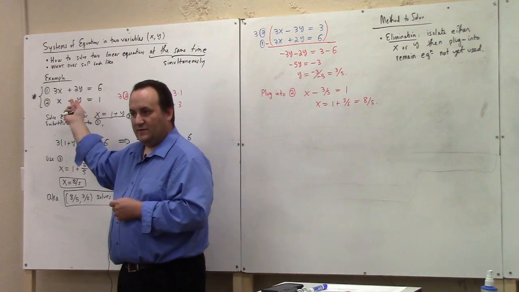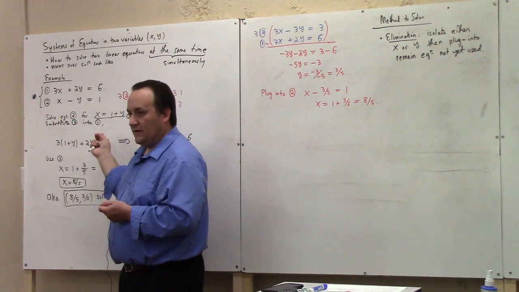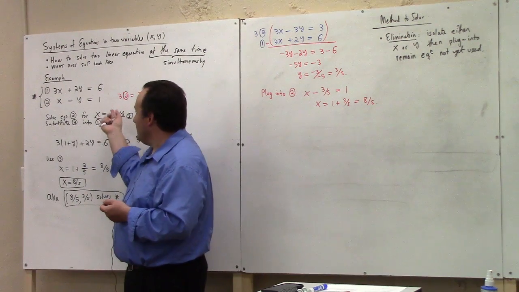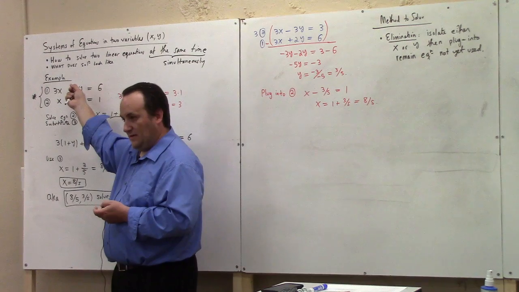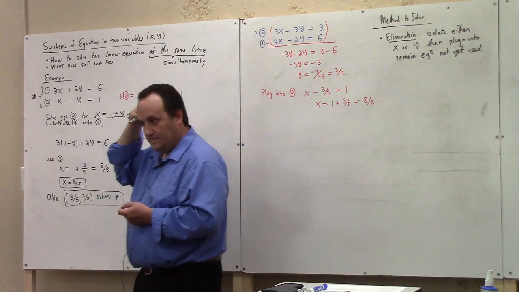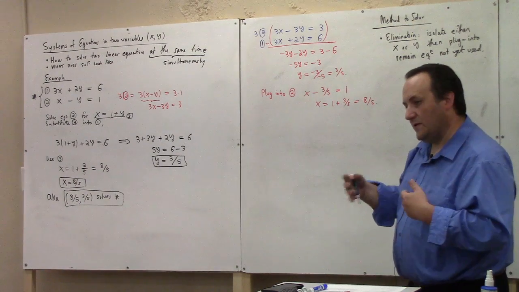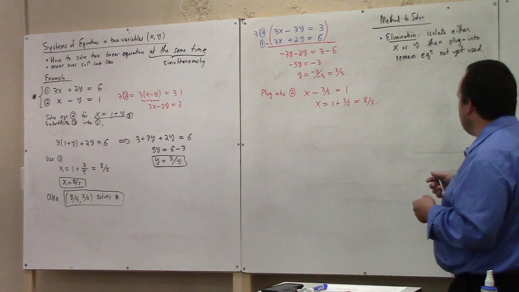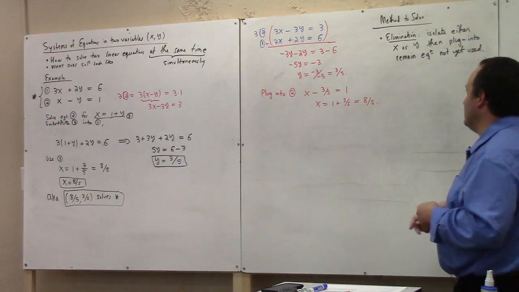You get 1 equals 1, which is true, but useless, right? It was important in our first method that we plugged equation 3 into equation 1 because equation 1 is the one we had not yet used. So if you do some steps and you come back to 0 equals 0 or 1 equals 1, you probably plugged it into the wrong equation. We do need to meaningfully use both equations to solve it.